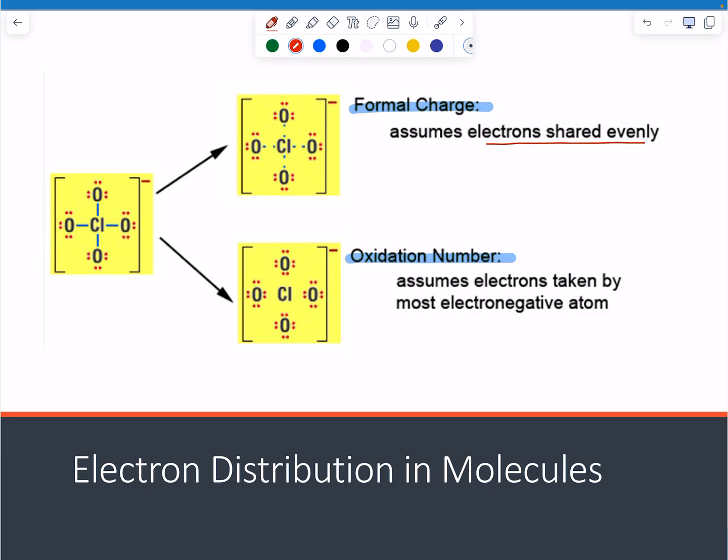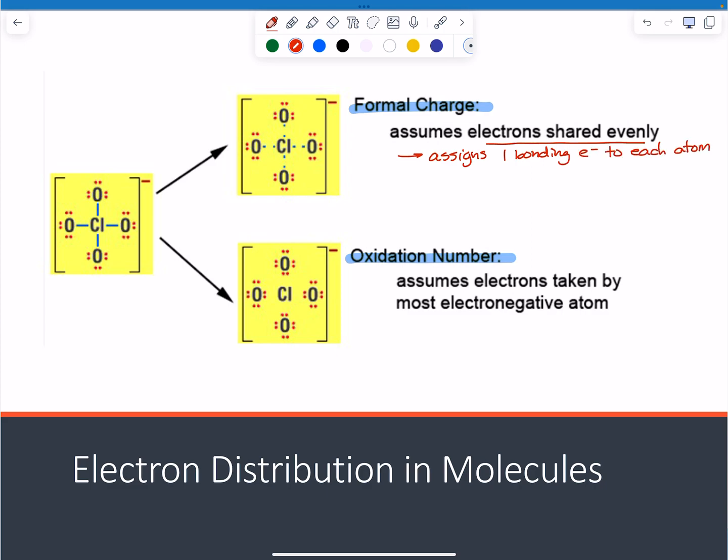When we calculate formal charges, these are not going to be super accurate in representing what the exact charge on that atom would be, but it's going to help us make some decisions in certain cases. So formal charge assumes your electrons are shared equally, and it assigns one bonding electron to each atom.